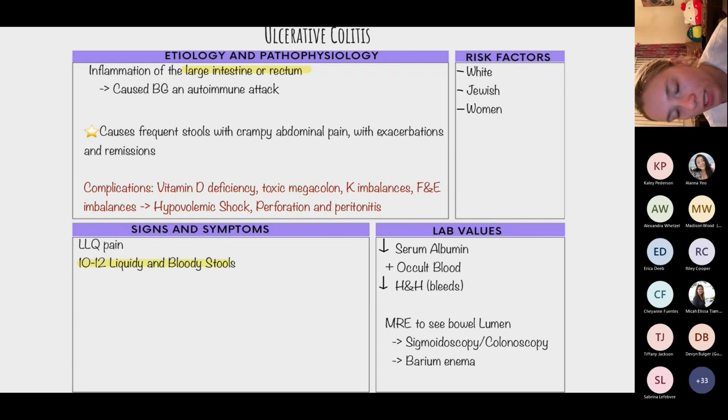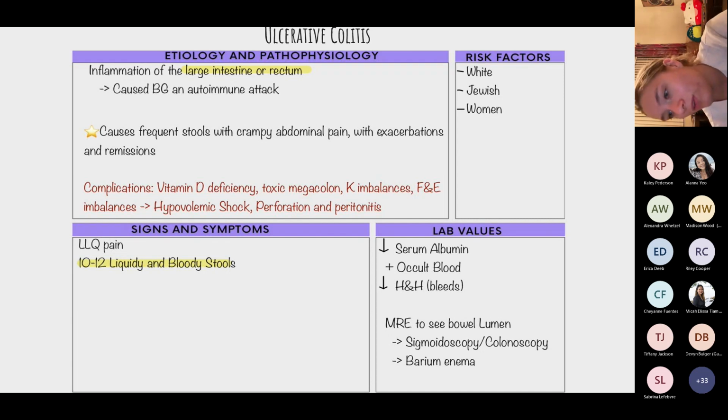Okay, so let's talk about ulcerative colitis first. Again, your hallmark signs and symptoms of all IBD, whether it be Crohn's or UC, is going to be frequent stools with crampy abdominal pain, categorized by exacerbations and remissions. So someone with ulcerative colitis, this is more limited to the colon and rectum, which is why we actually see a lot more frequent stools. 10 to 12, that's a lot of stools.